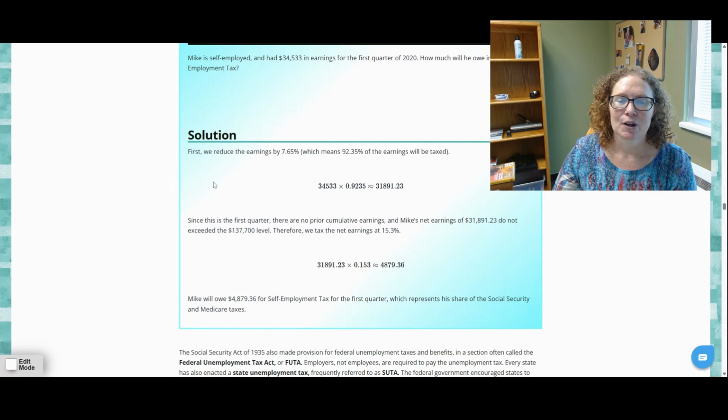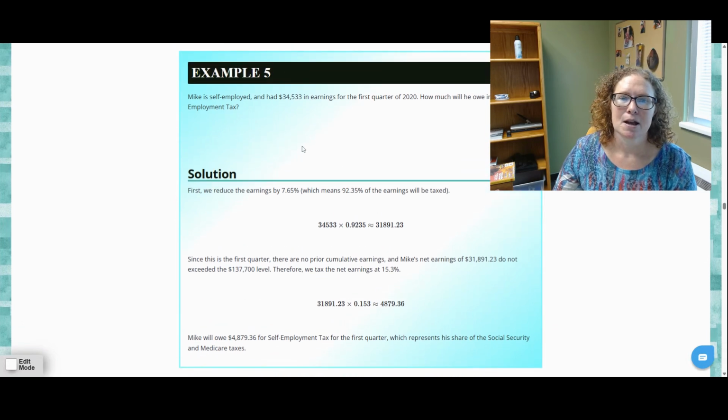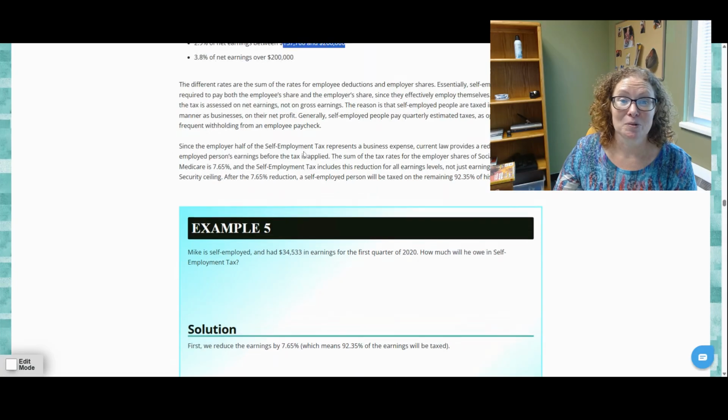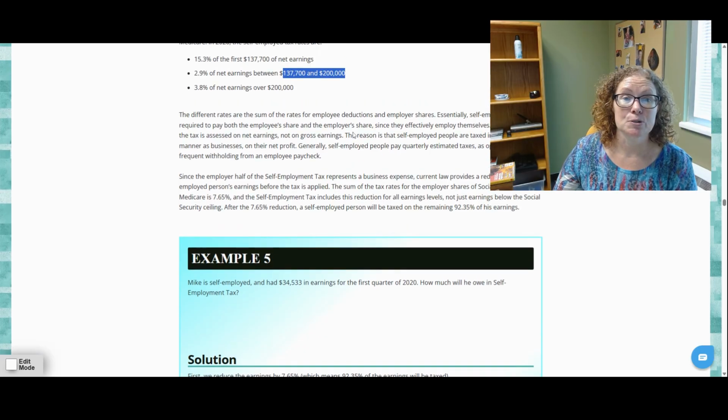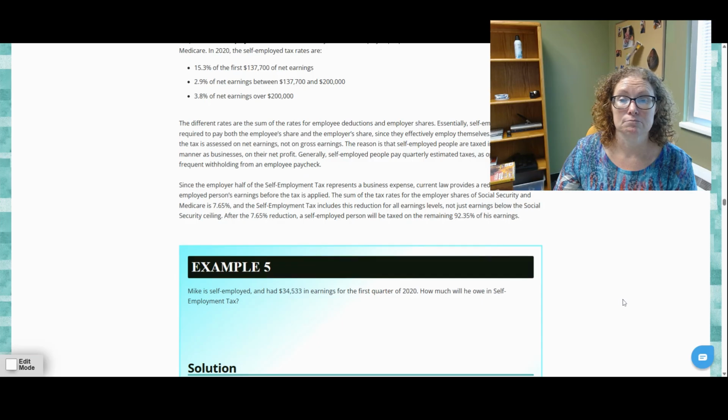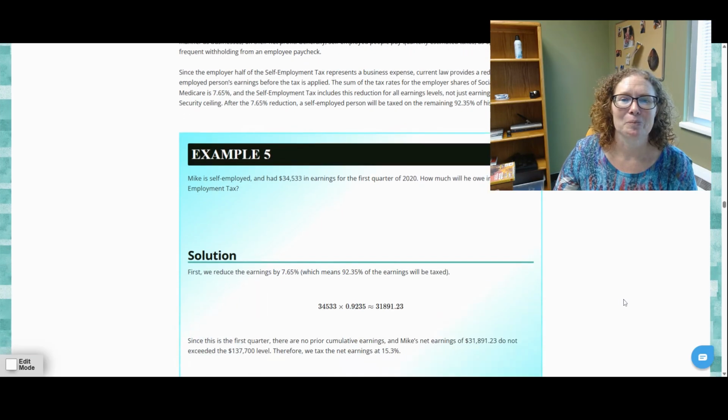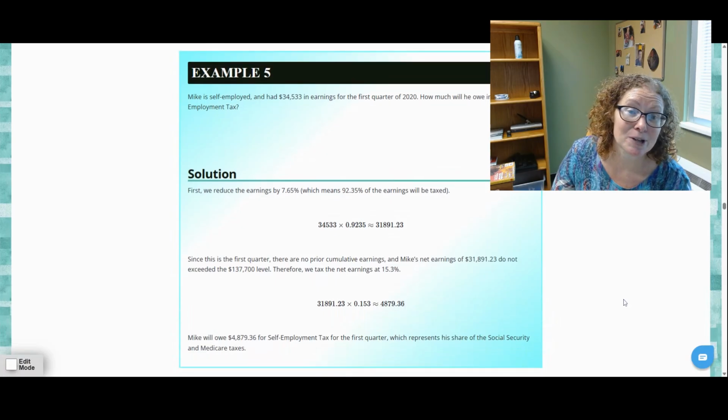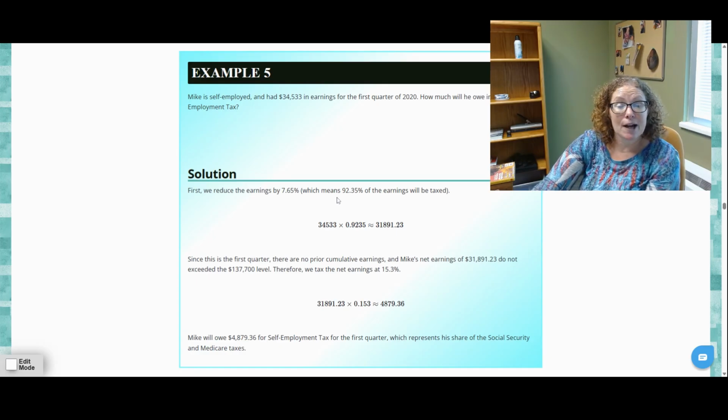So we're reducing the earnings by 7.65%. Remember, that was the amount that was the difference with the discount, with being able to claim it on their taxes. So if we reduce the earnings, and that's how we do it on these, we reduce the earnings by 7.65%, meaning that the person is only taxed on 92.35%.